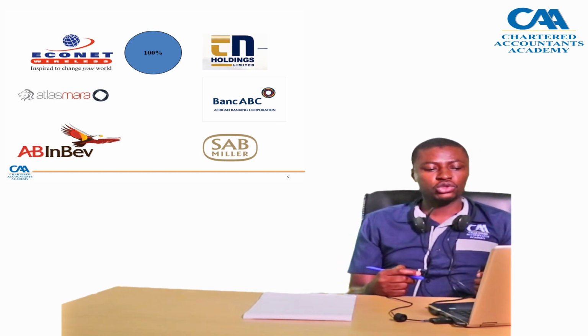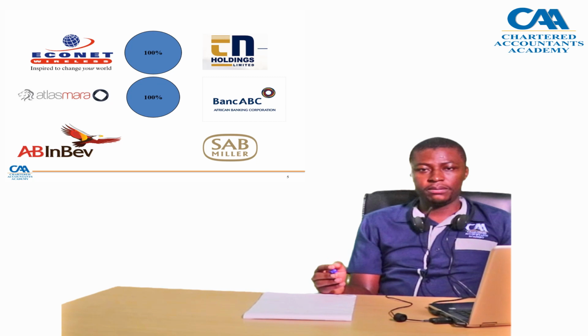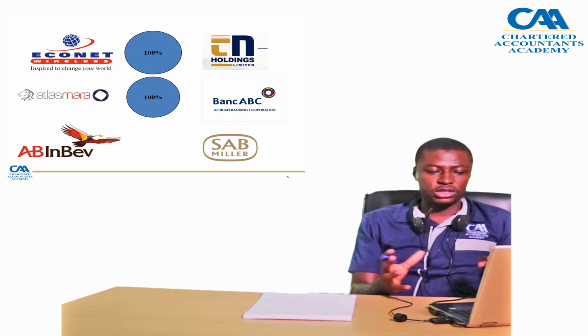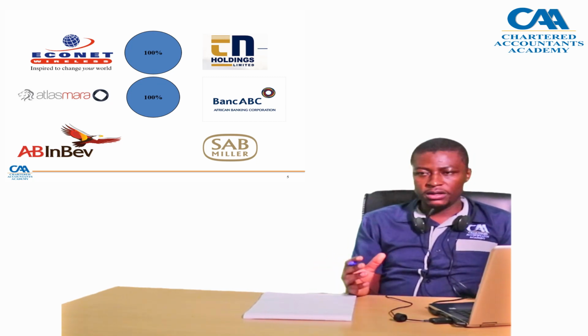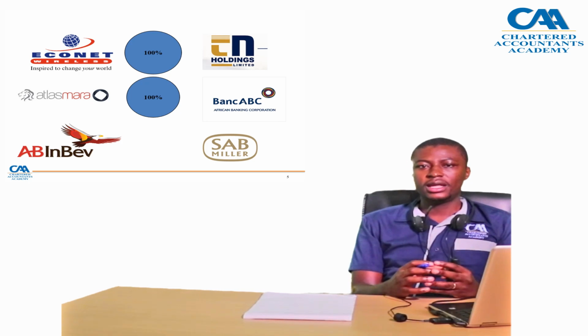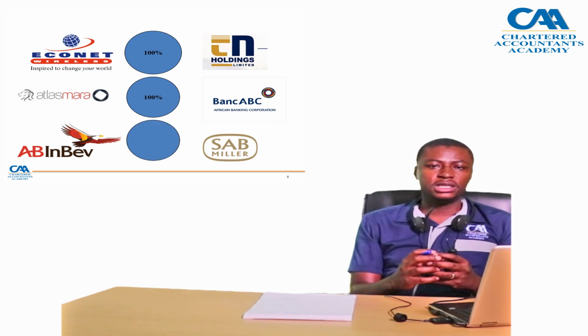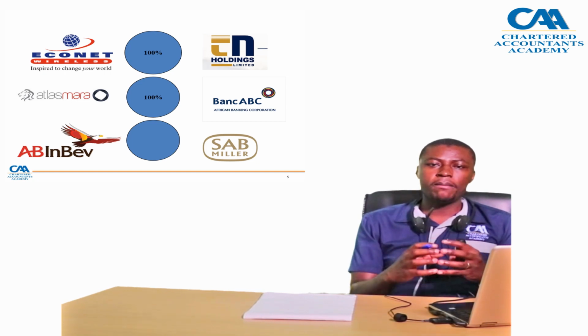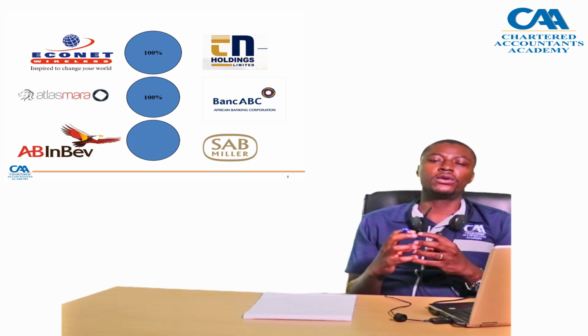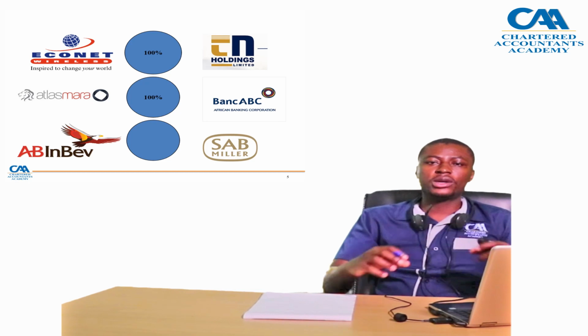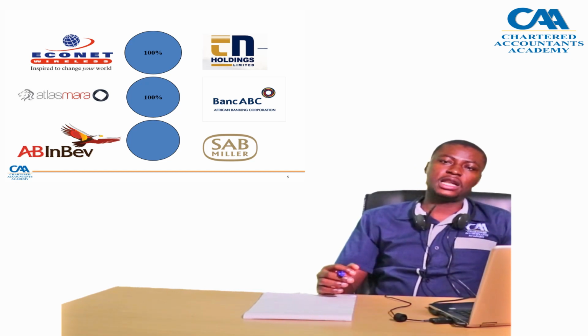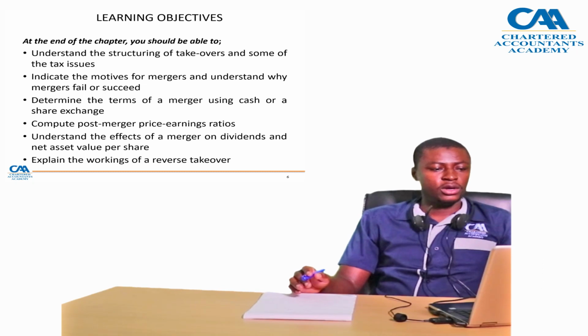Then Atlas Mara also acquired 100% of Bank ABC in an acquisition transaction. AB InBev and SABMiller, again, entered into a major transaction, which means that effectively on the ground, companies do enter into this type of transaction. So now the question is, within the context of our CTA syllabus, what do we need to know around mergers and acquisitions? Which brings us to our learning objectives.